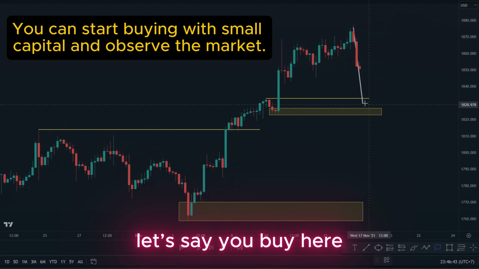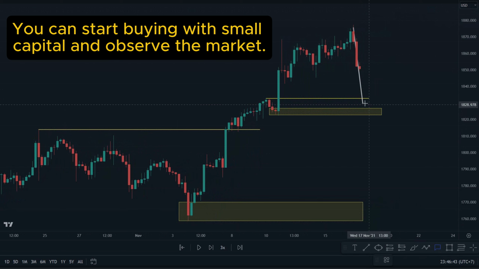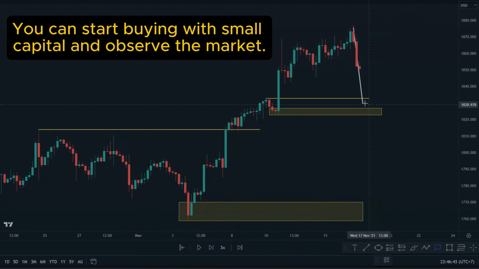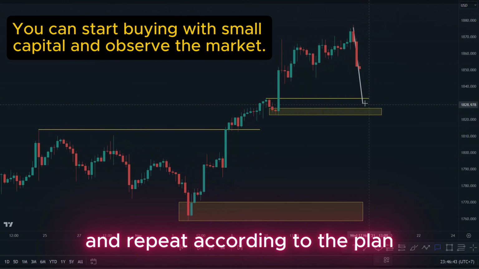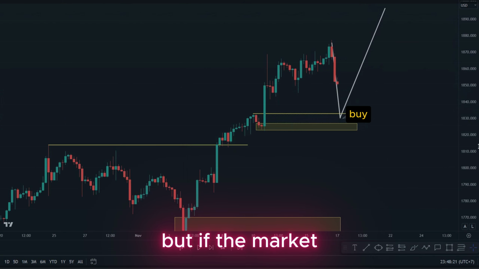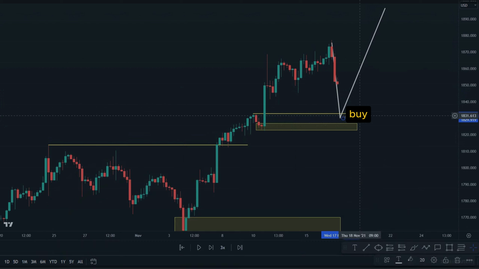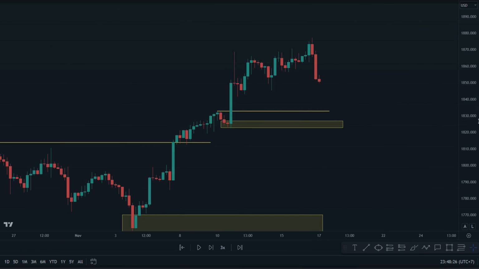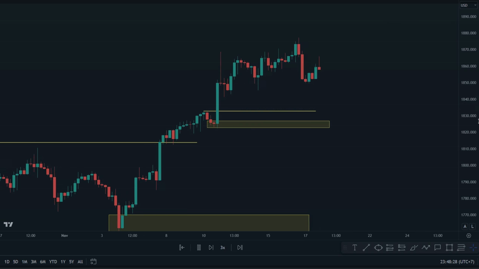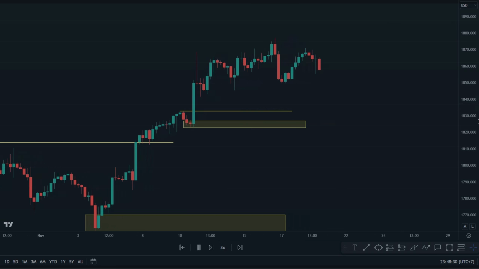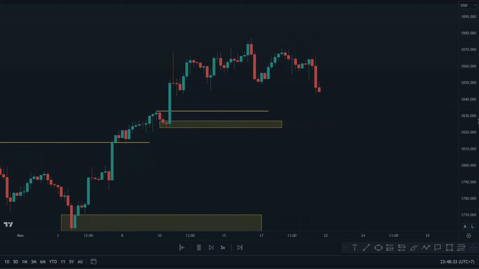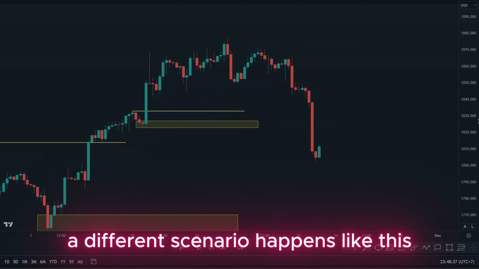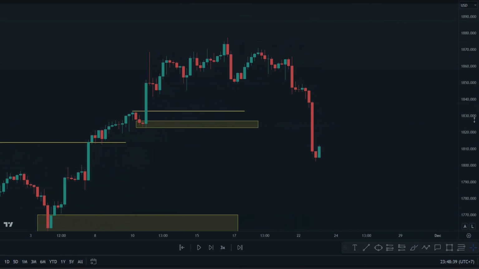Let's say you buy here. The price rises, that's great. Price rises, take profit, and repeat according to the plan. But if the market doesn't follow this scenario, and follows a different scenario, a different scenario happens like this.